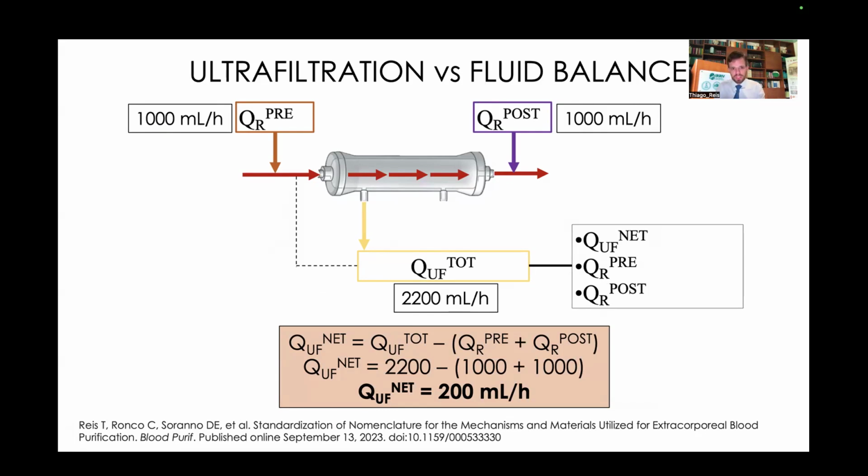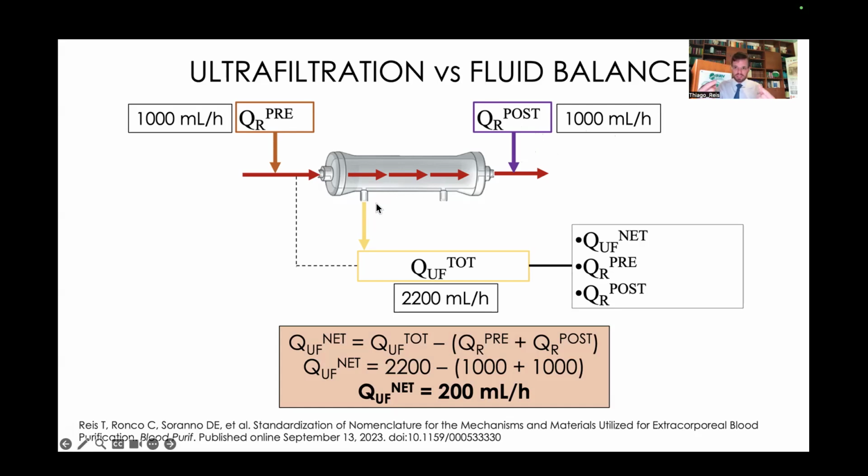When applying hemofiltration, we either use replacement solution pre-filter or post-filter. The amount of fluid being replaced is removed in the filter, otherwise this fluid would accumulate in the patient. So in this example, a post-filter replacement of 1000 mL per hour, this amount that is given in the extracorporeal circuit is the same amount that is leaving as ultrafiltrate from the filter.